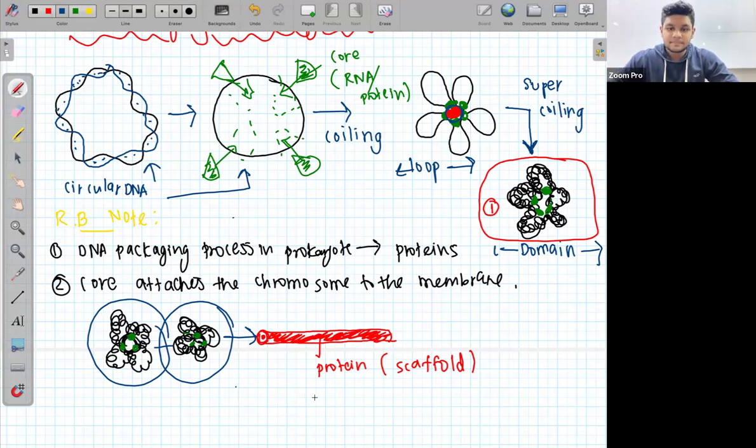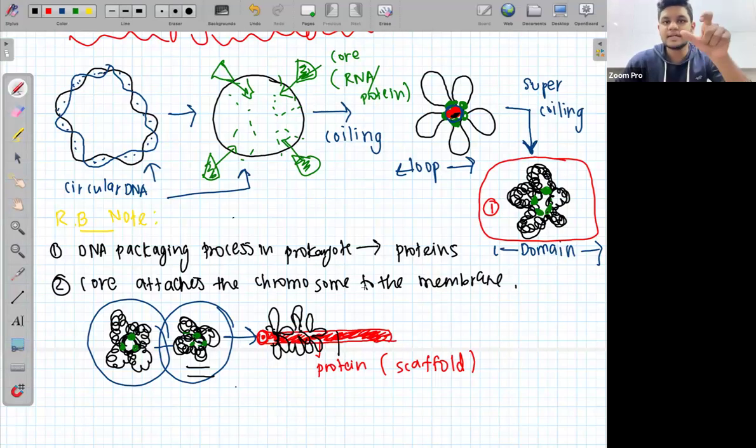It will look like this. The DNAs that are coiled will be in this manner. The center part will be going across that protein like this. This hole, the red part here, will be going in this manner. It gets collected and gives a bit of a fluffy nature. That is called a chromosome. This supercoiled DNA and the protein is called the chromosome.